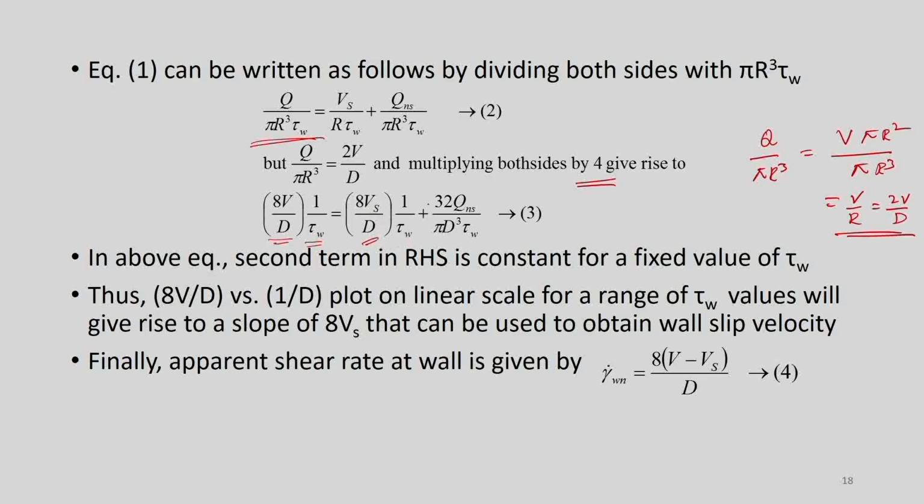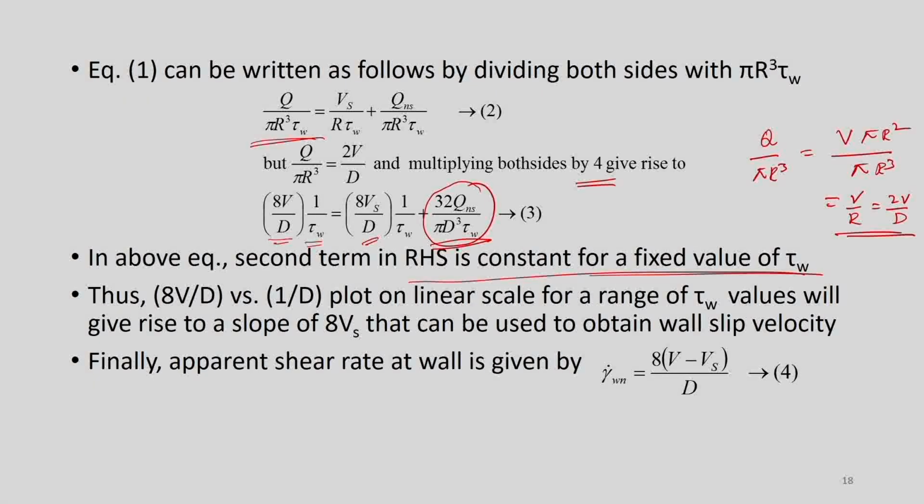So, 8 Vs by d, 1 by tau w as it is, and then this particular term Qns as it is, pi r cube we convert into d terms, and then we are multiplying by 4. So, we have 32 Qns by pi d cube tau w. Whatever this second term in the RHS is, that is constant for a fixed value of tau w. We know that it is constant because of the no slip condition.